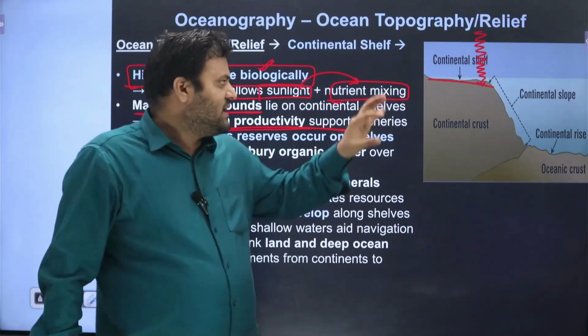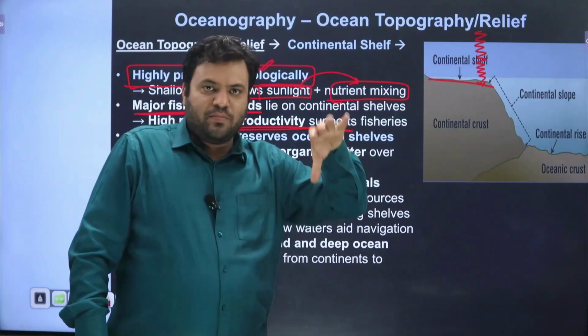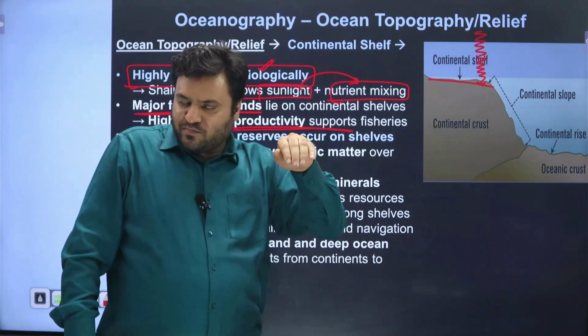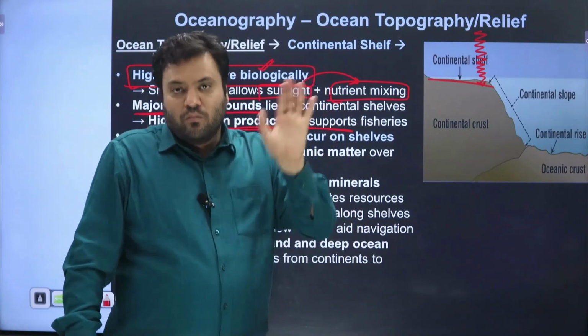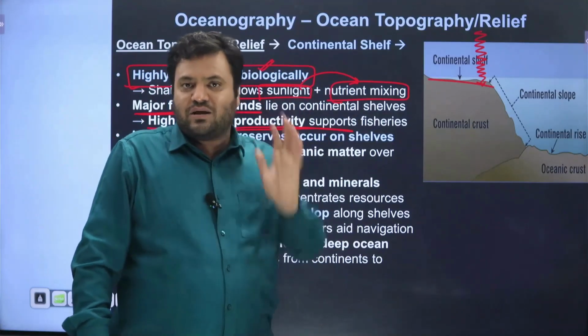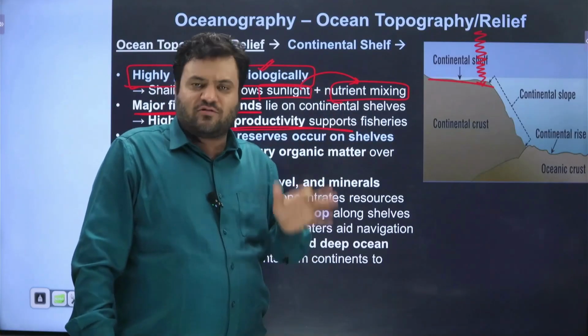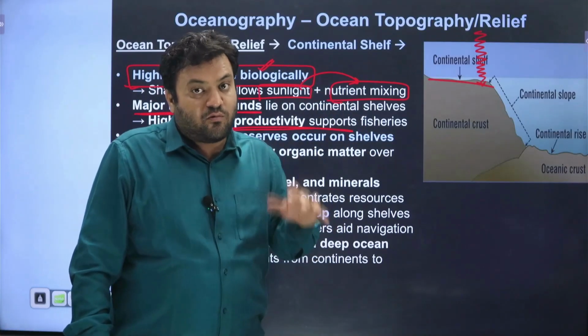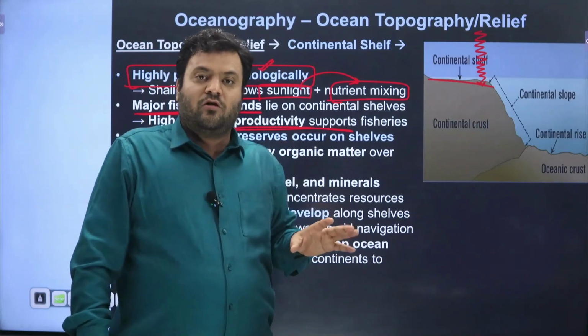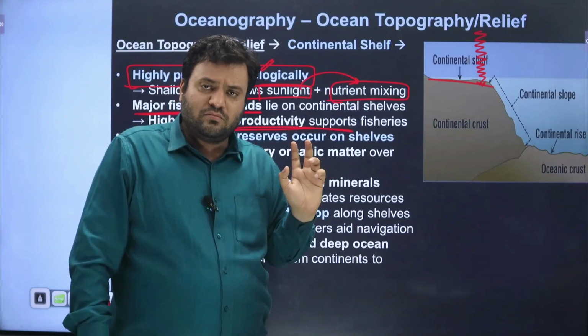So we can say that this continental shelf is the area which has less depth, and as there is less depth, sunlight is present. As sunlight is present, more dissolved oxygen is there. As more dissolved oxygen is there, that is required for the respiration of the marine organisms living in water. And those same things are very vital for the other organisms in the ocean.